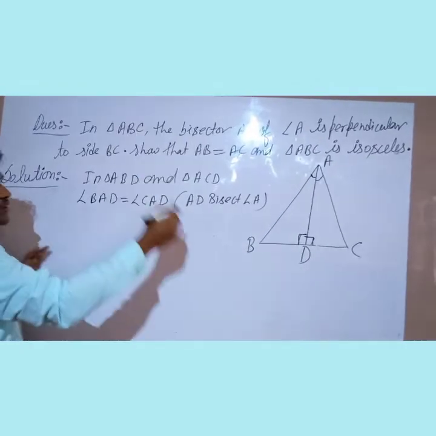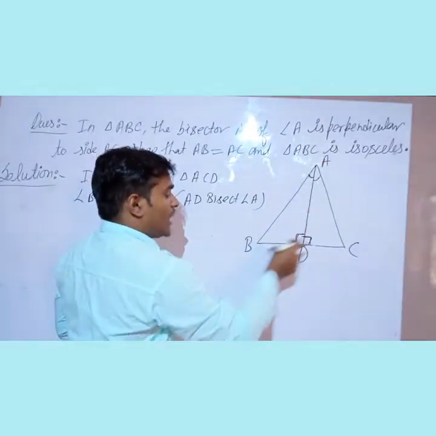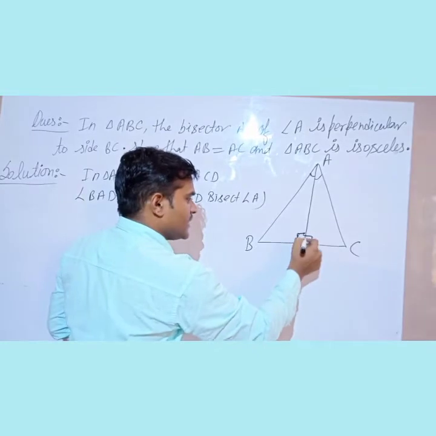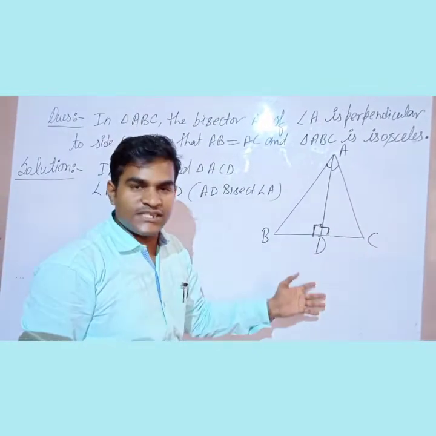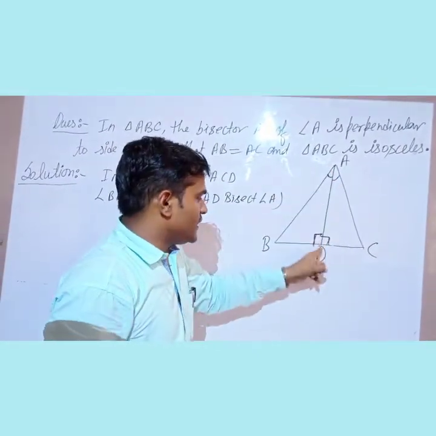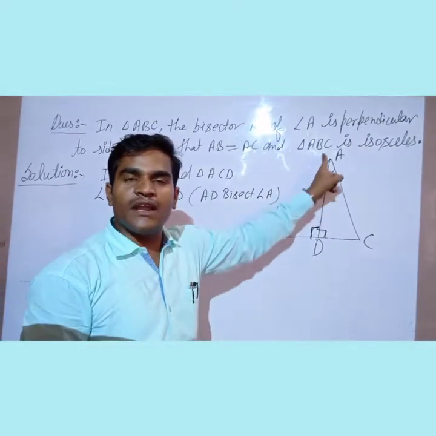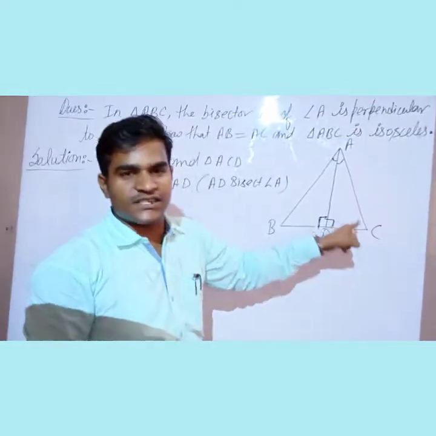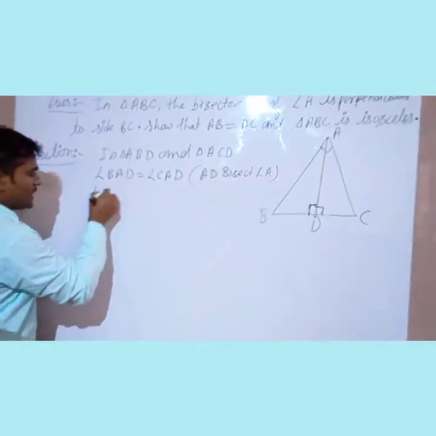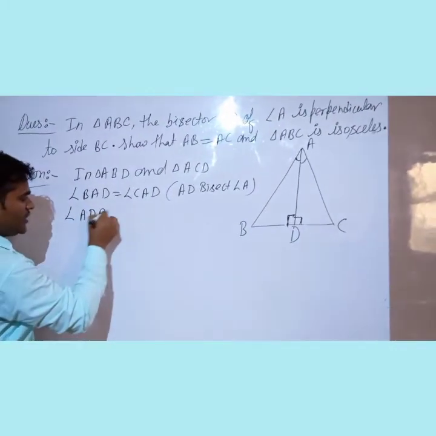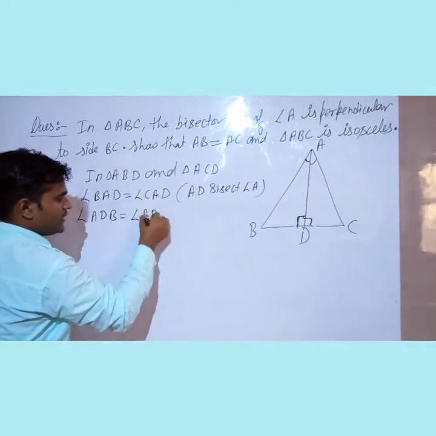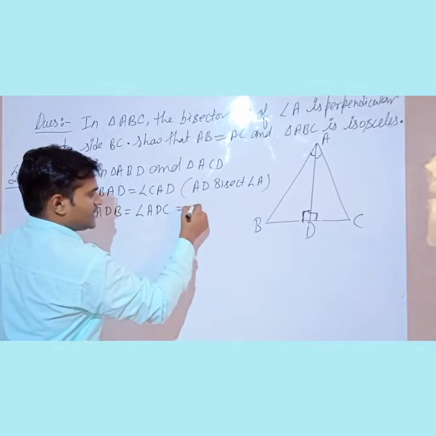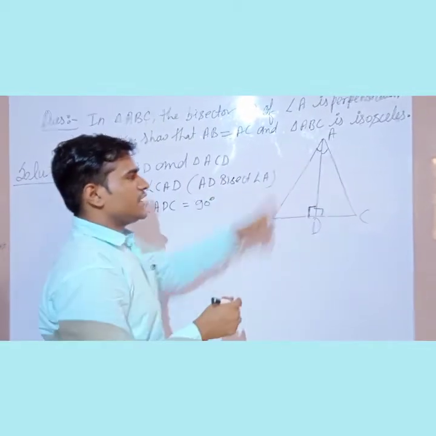Children, now it is given that AD is perpendicular to the side BC, which means they make a right angle, that is 90 degrees. It means angle ADB is equal to angle ADC, that is 90 degrees.